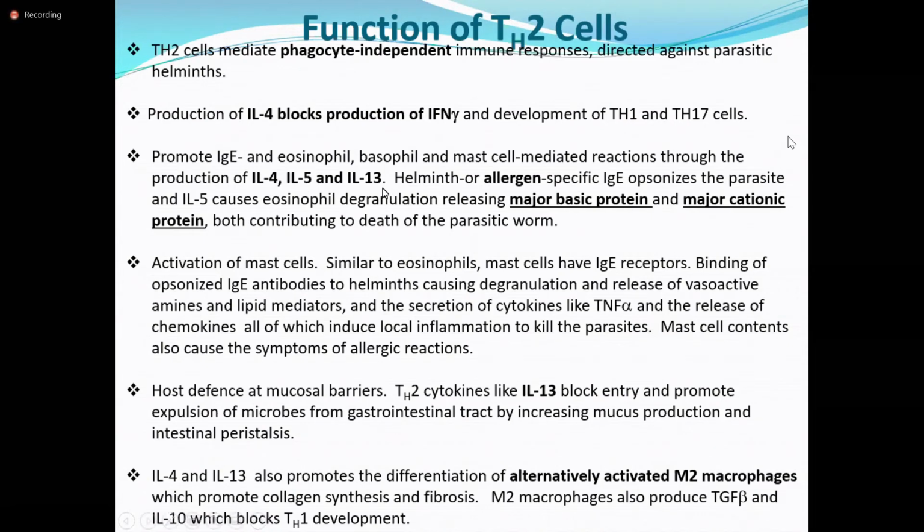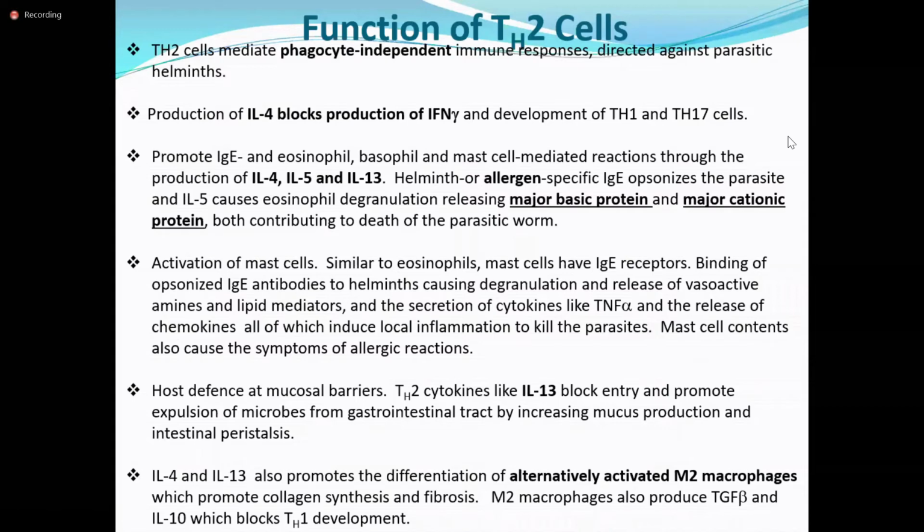And the effects of these cytokines is to stimulate eosinophils, basophils, and also to promote the production of IgE from B cells, also to increase vasoactive amines and also fluid leakage from these mucosal sites to promote the expulsion of these pathogens.